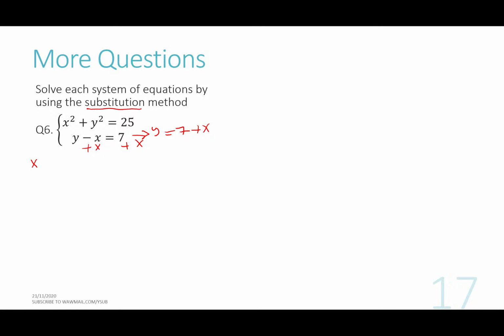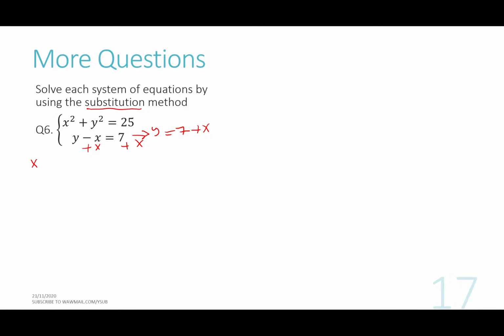So in the first equation, we substitute the value of y here. So x squared plus (7 plus x) squared equals 25. x squared plus (7 plus x) multiplied by (7 plus x) equals 25.